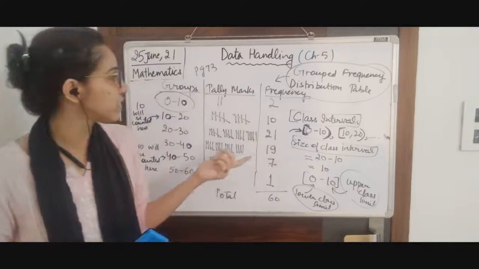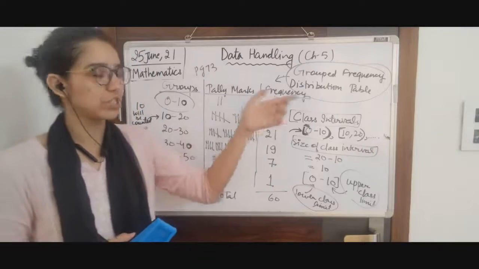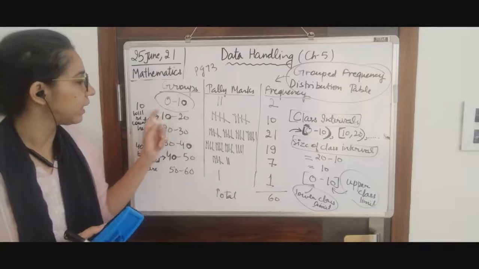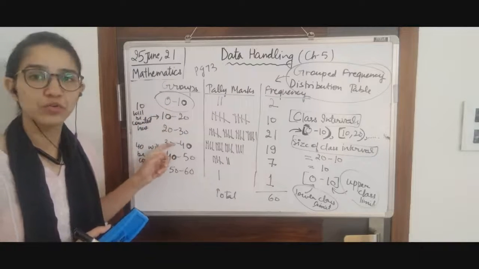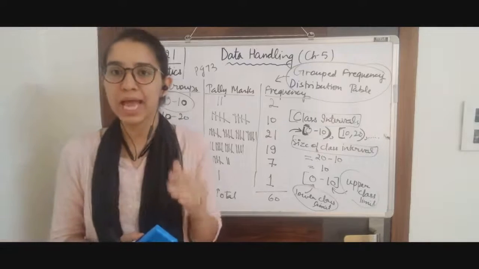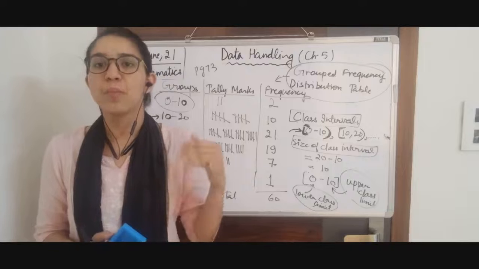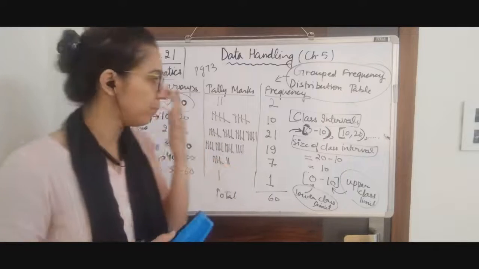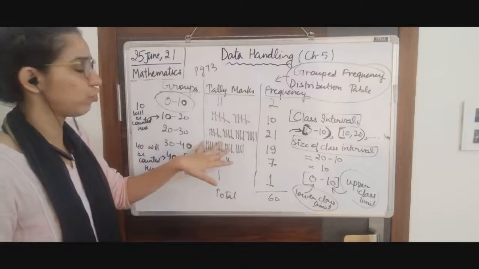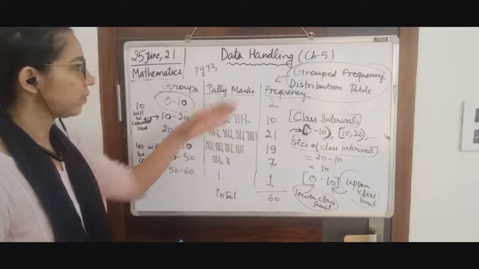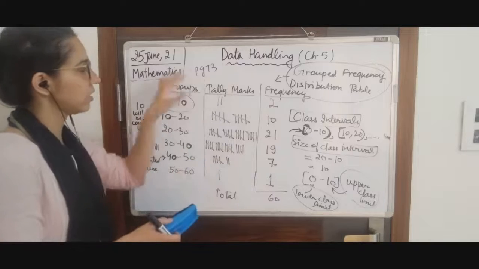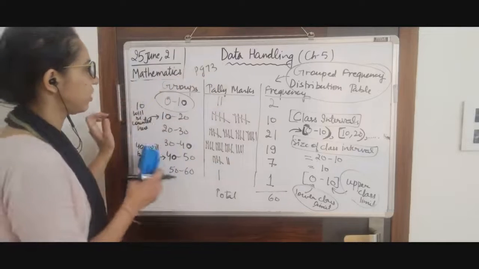But in a grouped frequency distribution table, our data is continuous: 0 to 10, 10 to 20, 20 to 30, 30 to 40. There are no gaps there. It means we won't be leaving the gaps that we left in our normal bar graph. So I am going to represent our data using a histogram, for this data only, which is available on page number 73.